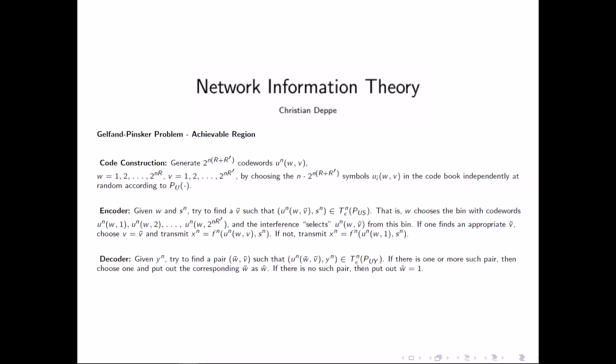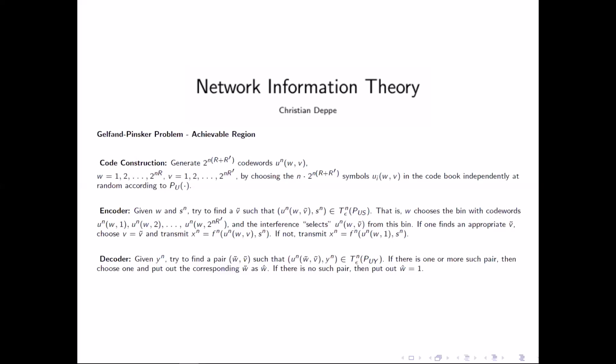And the encoder selects this U^n(W, V tilde) from this bin. So if one finds such a V tilde, we choose V equal V tilde and transmit X^n equal f^n of U^n(W, V) and S^n from the codebook. If we don't find such a V tilde, we transmit X^n equal f^n of U^n(W, 1) and S^n.